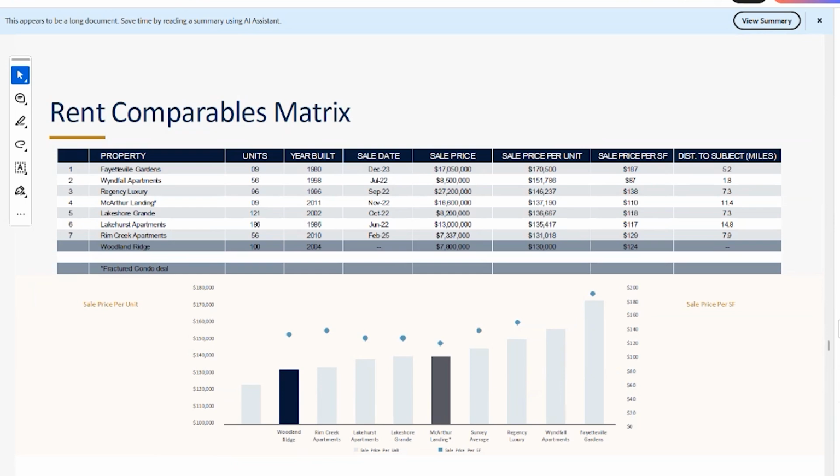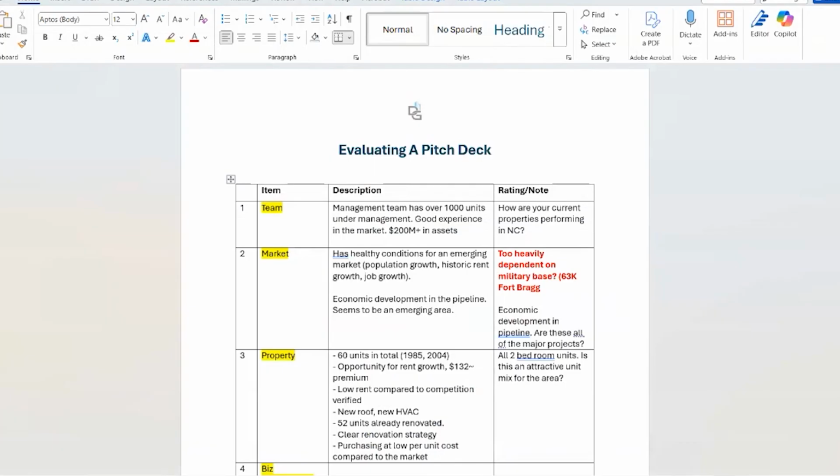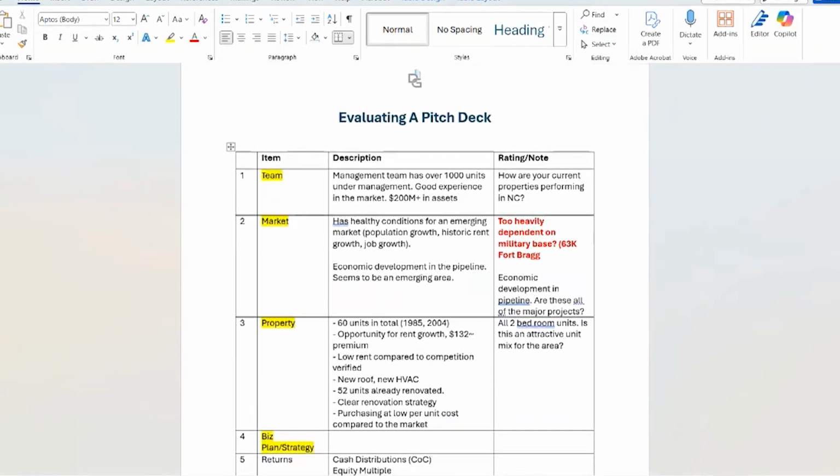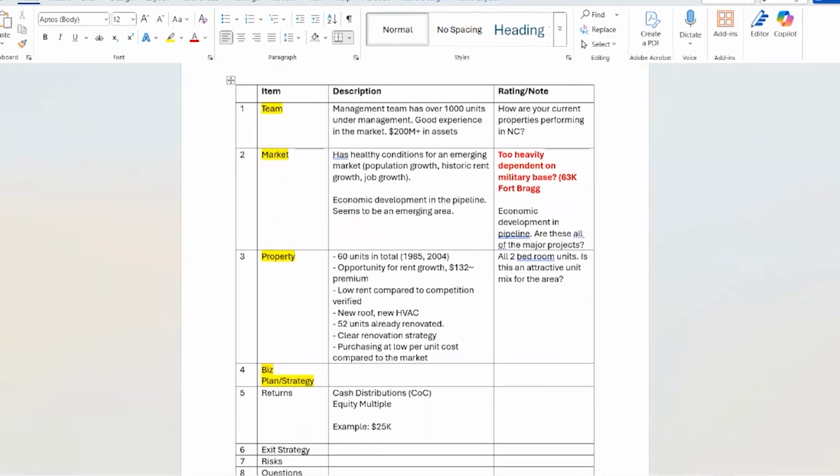Some of these newer properties were selling for higher, of course, but also some of these older properties were selling for higher as well per unit. So nothing horrible there. So far, these are all factors that say this is a decently priced investment with room for cash flow growth and a clear path to cash flow growth.